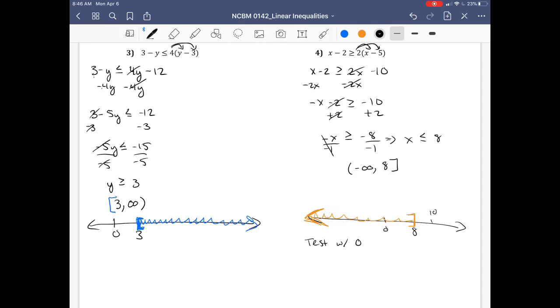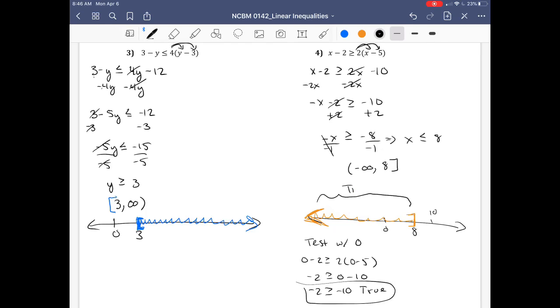A test with 0. So I have 0 minus 2 is less than 2 times 0 minus 5. Sorry, greater than. So we have negative 2, 0 minus 10. And this is true. So, true.